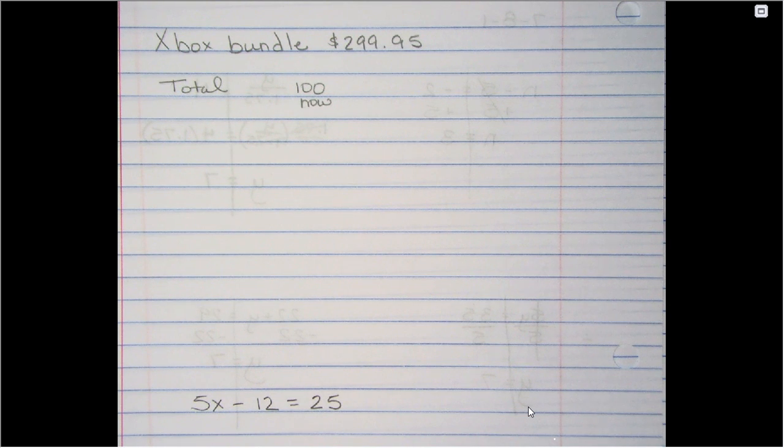Well, he tells me he can make that up in the next 4 weeks by doing chores for the different neighbors. And I say, all right, well, you can play the Xbox when it's paid for. So how much is he going to have to make each week doing yard work and chores for the neighbors in order to be able to play this new Xbox in a month?